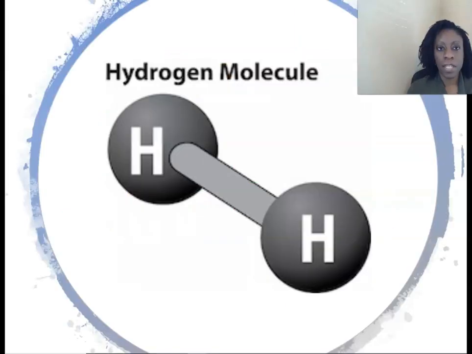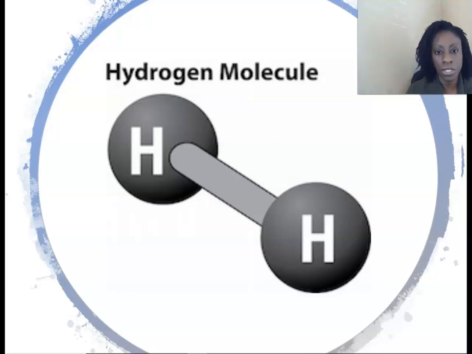Now, what about a covalent bond between 2, let's say, hydrogen atoms? Let's take a look at that. So I've got that here. You see the 2 hydrogens and the little line in between that's showing that there's a covalent bond. Now, since these 2 atoms are identical, their electronegativity is also identical. So each atom is pulling the electrons that it's sharing just as strongly as the other one.